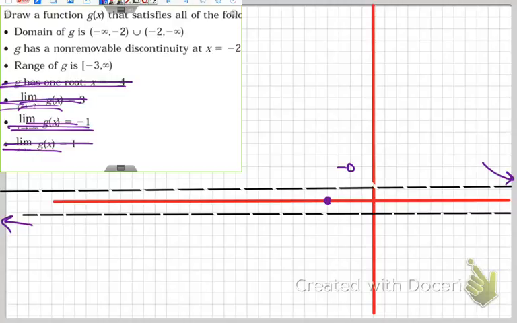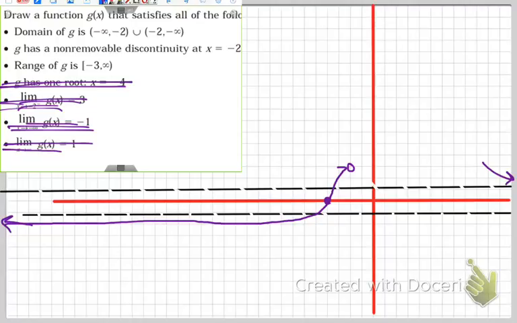As long as it goes down to negative 3, you're good. So maybe it looks something like this. It goes down to negative 3 and then crosses up right here and goes like that. And then maybe this piece goes like, I don't even know, like this.